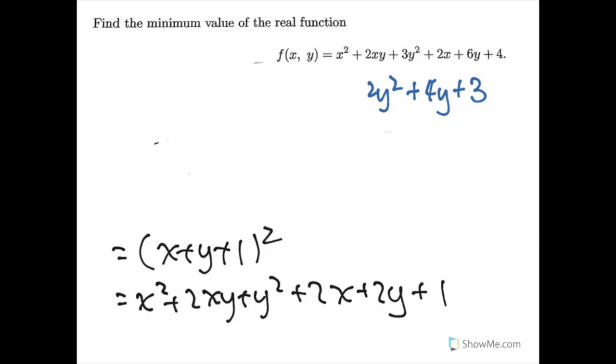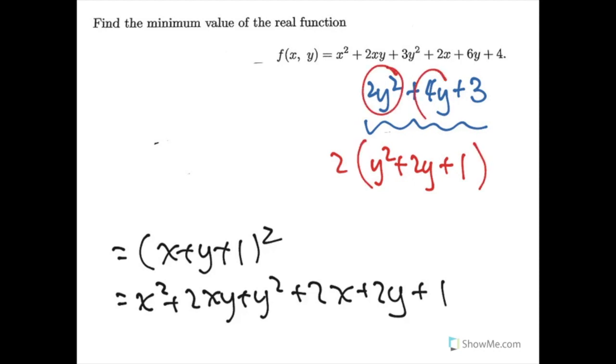So now we see, okay, this is also really close to being a perfect square, or actually 2 times a perfect square. It will be really nice if we can write y squared plus 2y plus 1, and we can double it so that the coefficients for the y squared term and the y term match up. But we see that this red thing down here is 1 less on the constant term. Well, no worries, we can simply add 1 at the end.